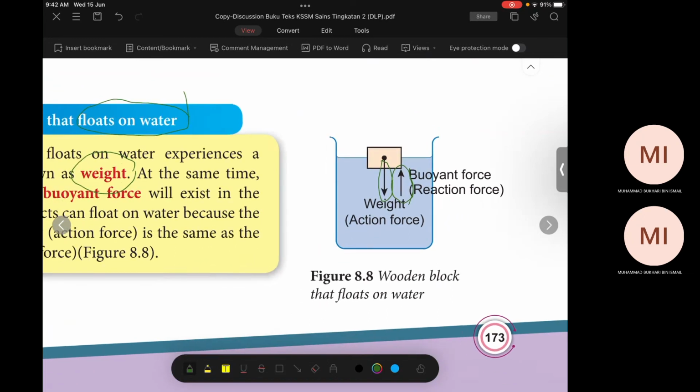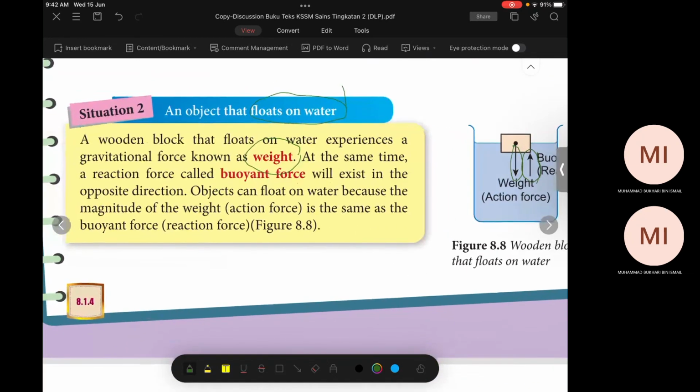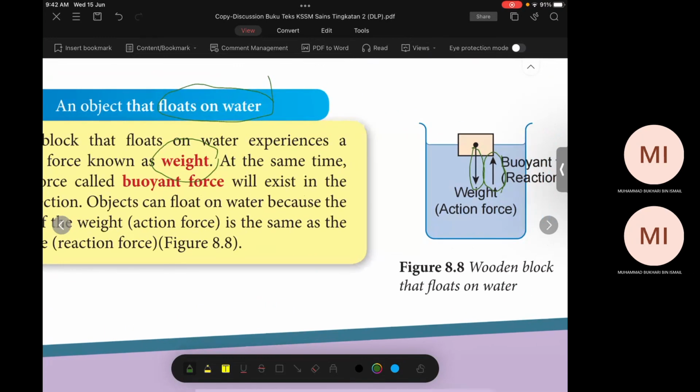Buoyant force. Buoyant force is actually a reaction force, opposite direction. The same thing here. It has the same magnitude but opposite direction, on condition that the object must be floating. But if the object is sinking, that is a different story.